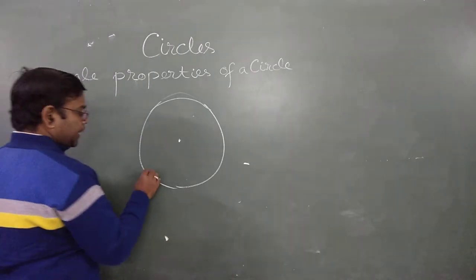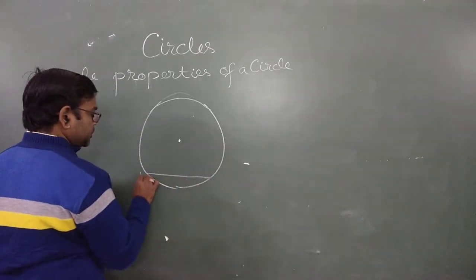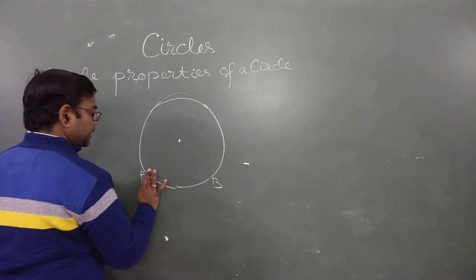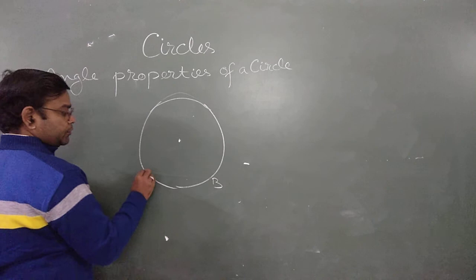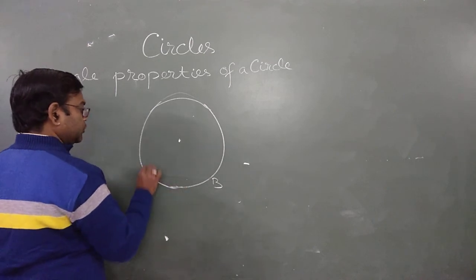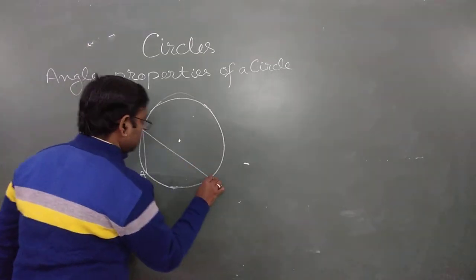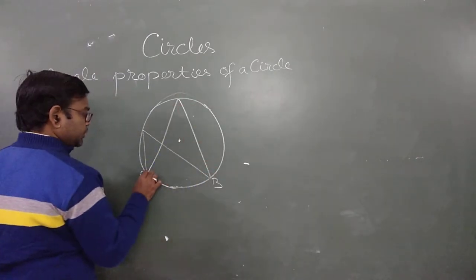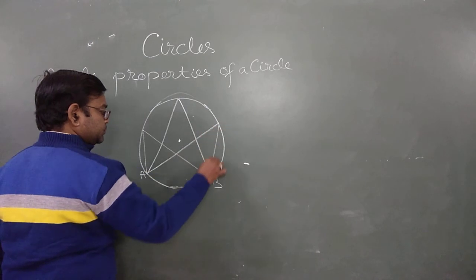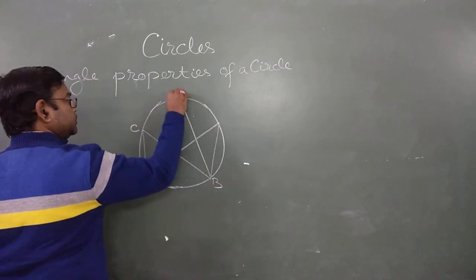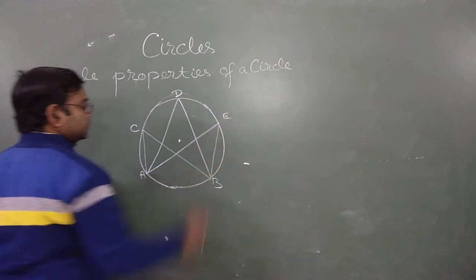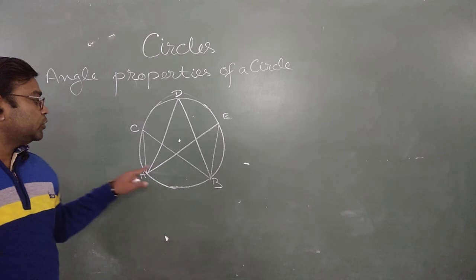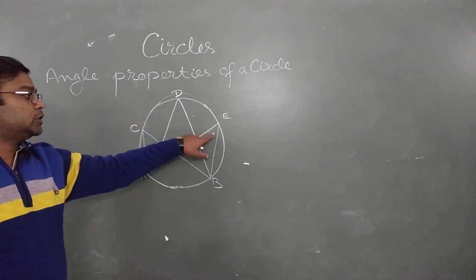Clear? Now suppose this is your arc AB. Using the same arc, if we draw two angles on the circumference of the circle, suppose this one, or take another one, this one, C, D, E. So here we have angles made by the same arc AB on the circumference of the circle.